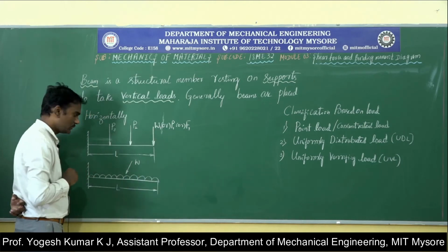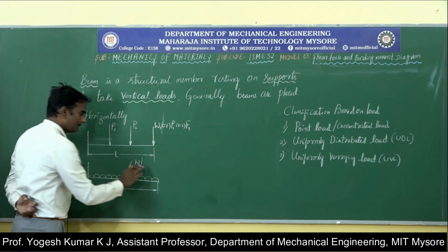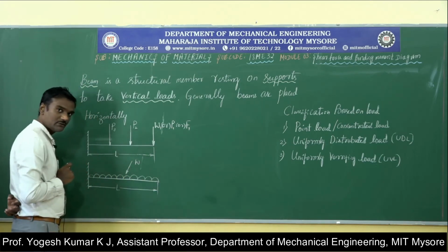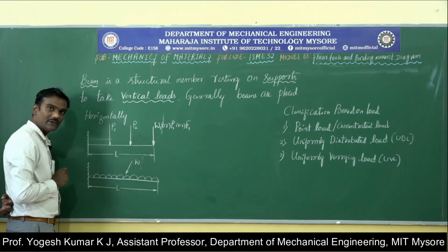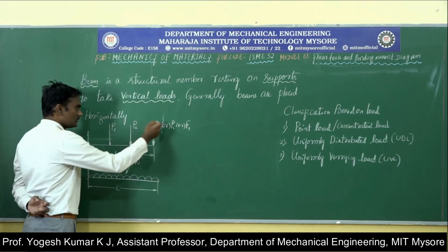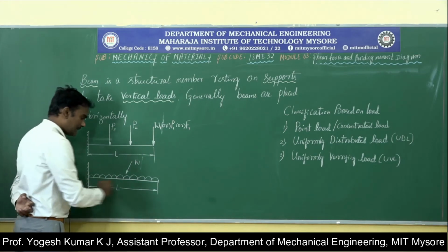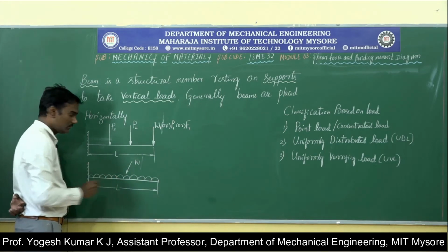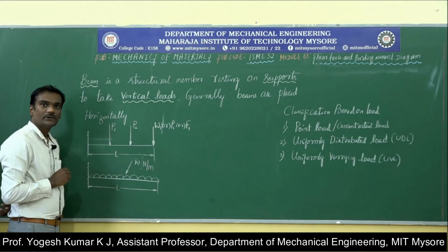W is the load and this load is distributed over the span length of L. We know the unit of load as Newton or kilonewton, but when it comes to a uniformly distributed load, it is the load applied per unit length.